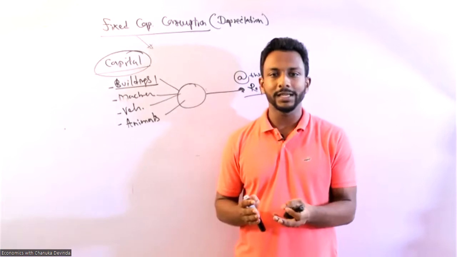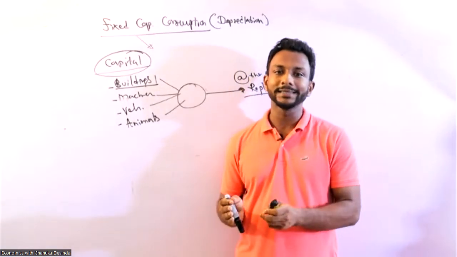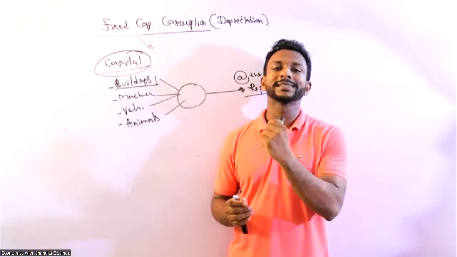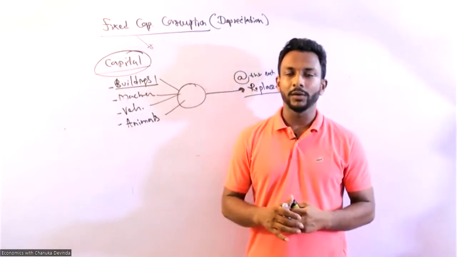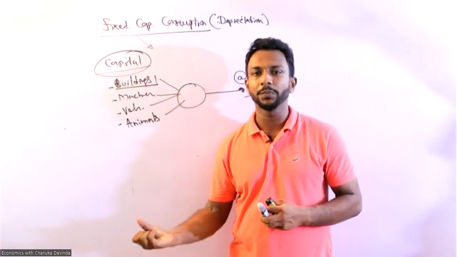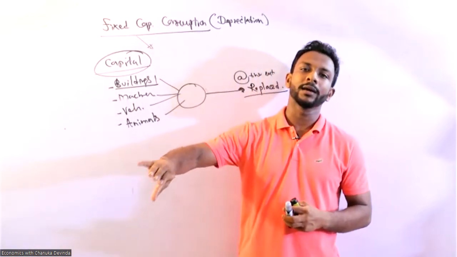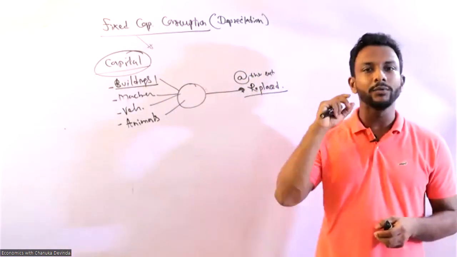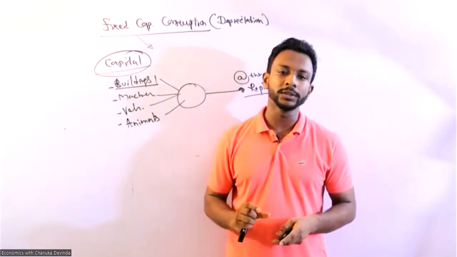When we produce something, the total output is at its gross value, including fixed capital consumption, right? Because it is an expenditure, no? So that expenditure should be included in the value of output. So we value output at gross amount.